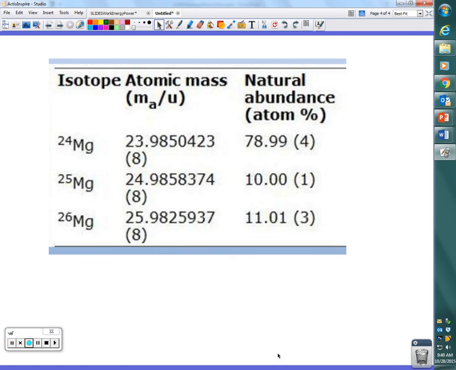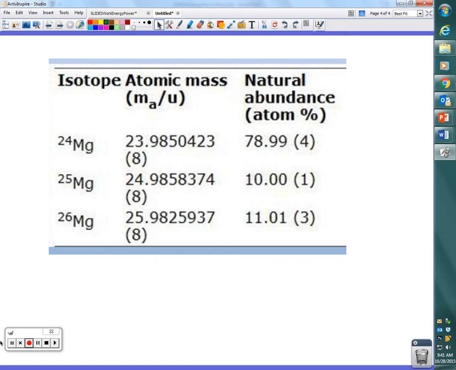So, what do we see about the magnesium isotopes that we find out there in the real world? Are they distributed nice and evenly? No. They are not. There is not the same number of magnesium 24s and magnesium 25s and magnesium 26s. So when we take the average, we can't just take these 3 added together and divide by 3, because there's more of these than there are the other 2.